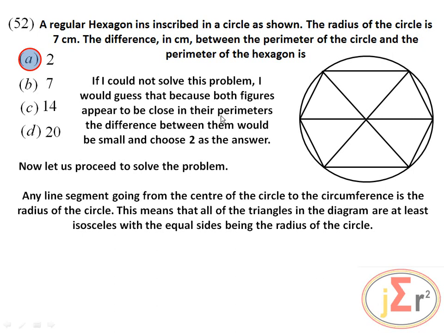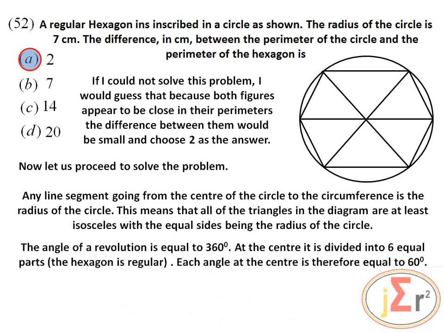So this is the center, this is radius, this is radius, this is radius, and so on. So we are sure that each triangle will have at least 2 sides equal, which will make it at least isosceles.